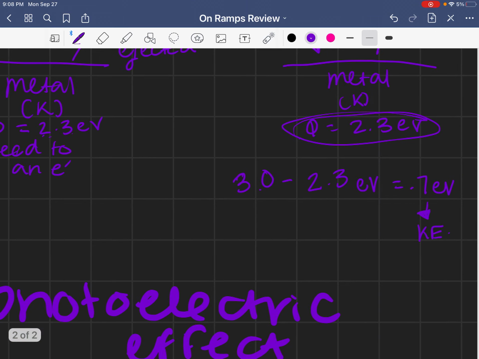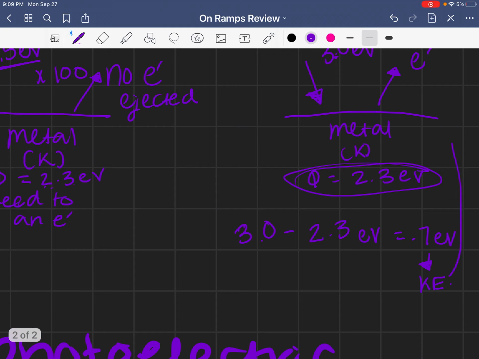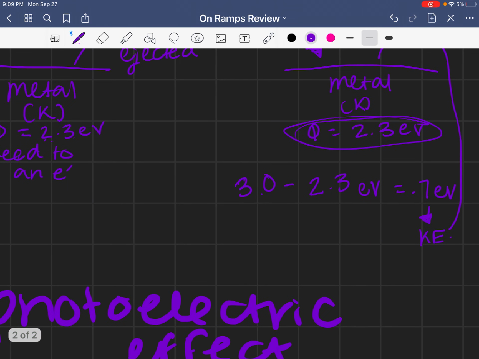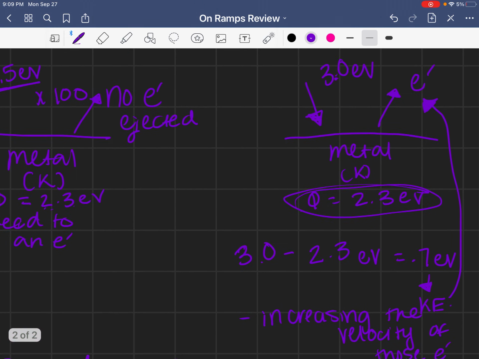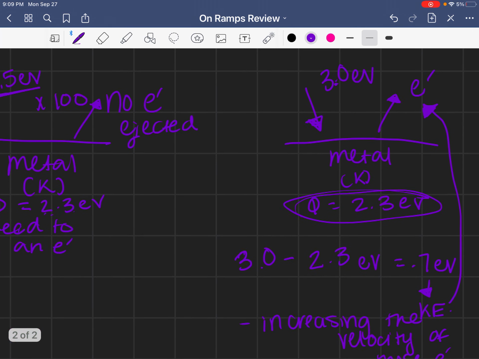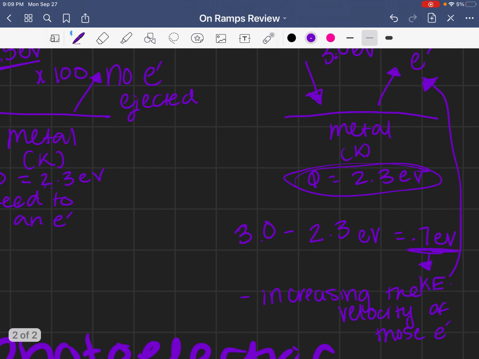And that kinetic energy is going to be added to those electrons that are being ejected, increasing the velocity of those electrons. So those ejected electrons are now going to go faster because we have leftover energy, which is transformed into kinetic energy.